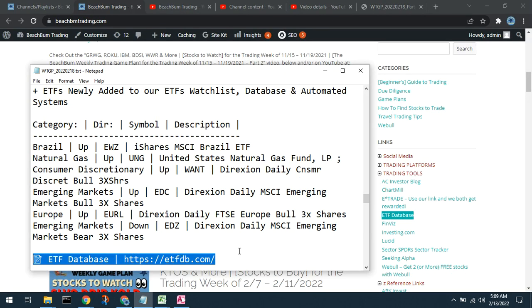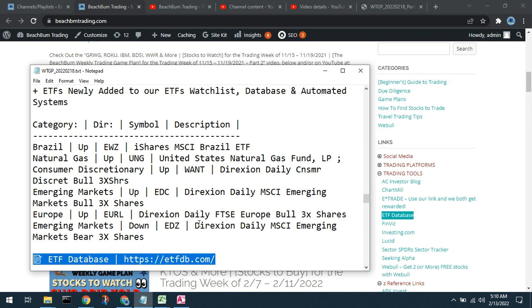Okay, just to share with you where you can find, or one of the places that you can find some of these ETFs, and even search for leveraged ETFs for various commodities, sectors, etc. This is where I found a number of these, is the ETF Database. I'll put this link in the description box below for the ETF database. Again, very useful tool.